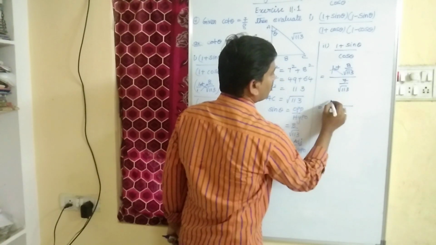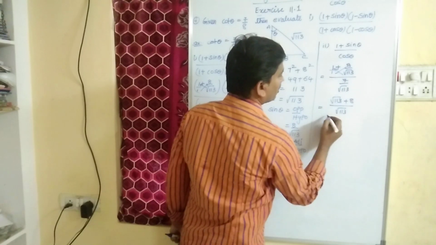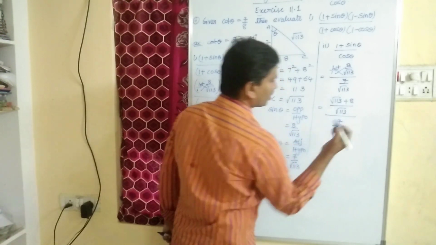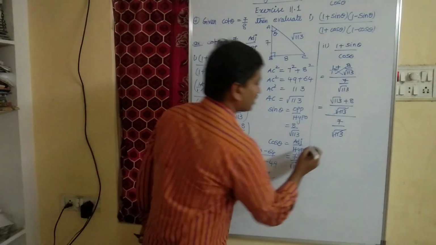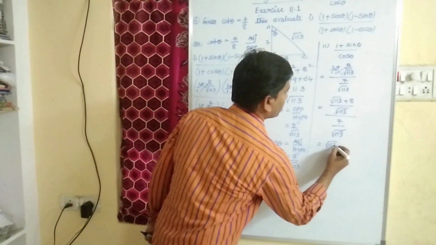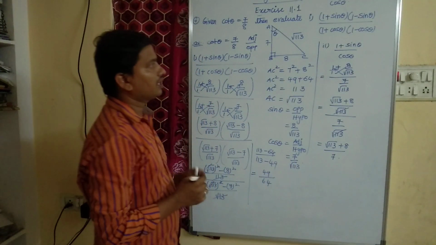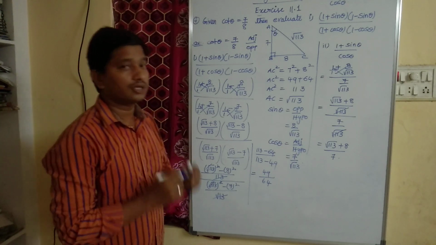Root 113 into 1 root 113 plus 1 into 8 divided by 7 by root 113. Root 113 gets cancelled. So root 113 plus 8 by 7. So this is our second one answer, 1 plus sin theta by cos theta.